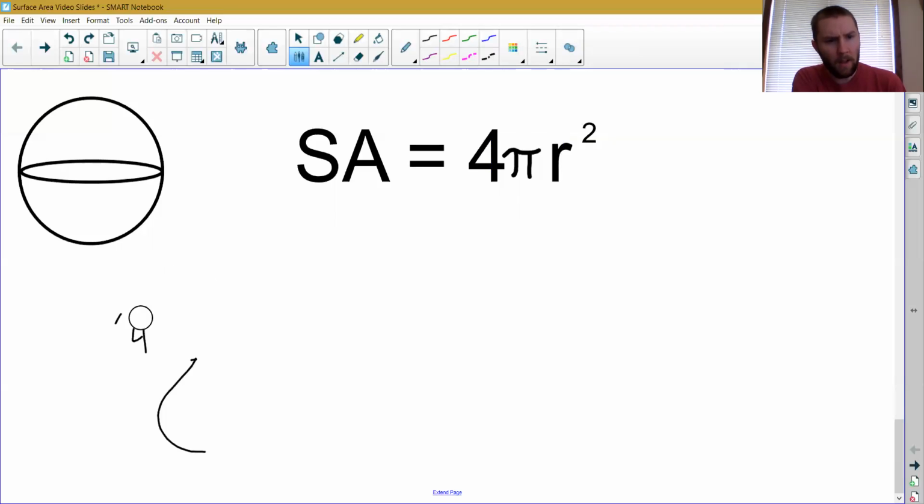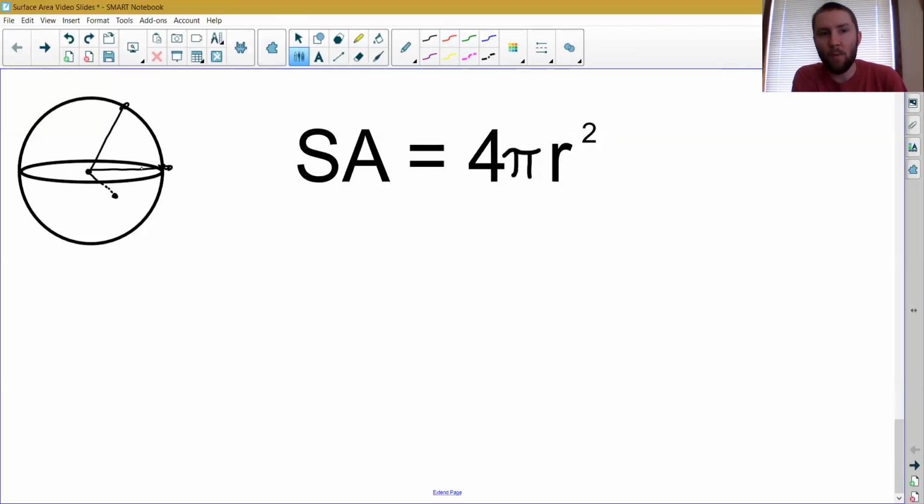Now, in this particular case, there's only one piece of information that we need. A sphere is completely characterized by its radius. And its radius could go here to the edge, up here to the edge, back that way to the edge. There are a lot of different places the radius of a sphere could go.